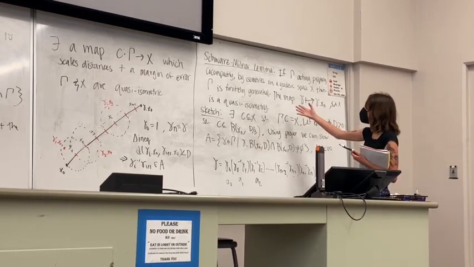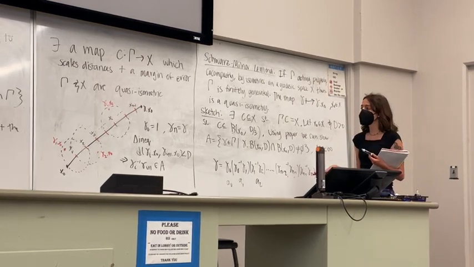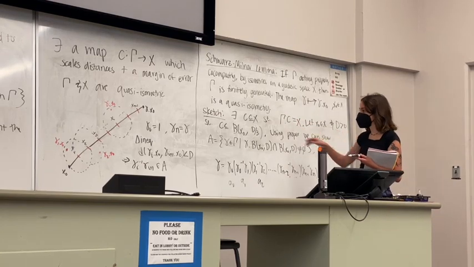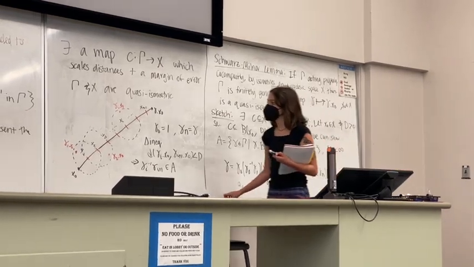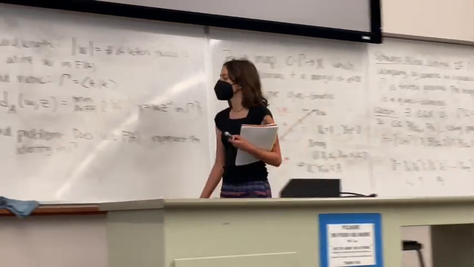And so now we have a finite generating set for our group. All that remains to show is that we have a quasi-isometry. And so what we can do to show this, I'll just have to do it over here.